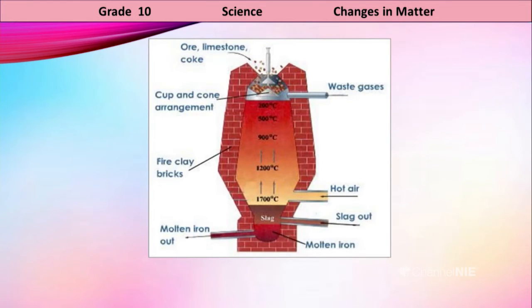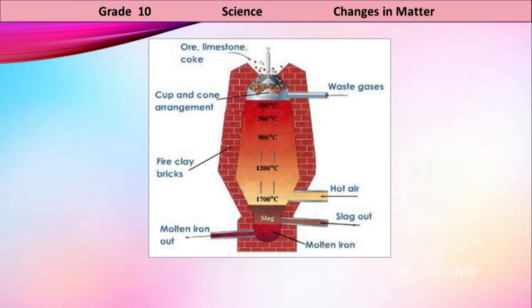Look at this picture. This is an interior view of a blast furnace. At the top of the blast furnace, there is an opening to insert the raw materials. And at the bottom, there is an opening to insert the hot air.